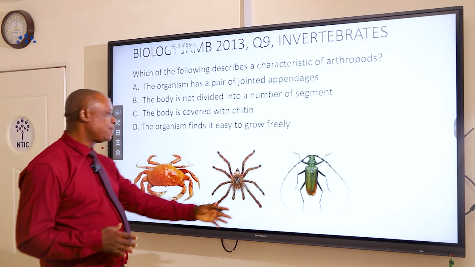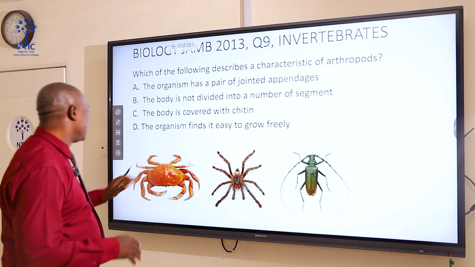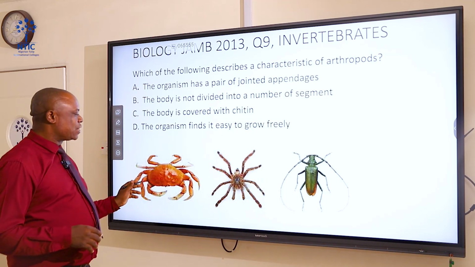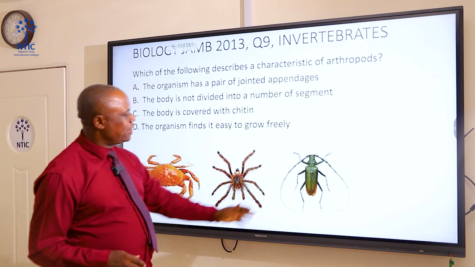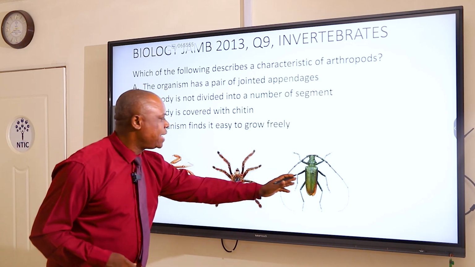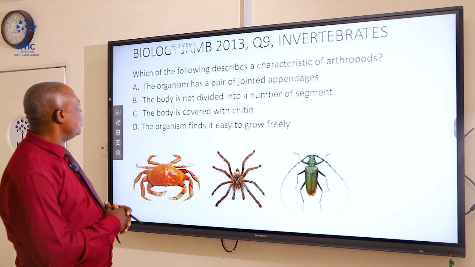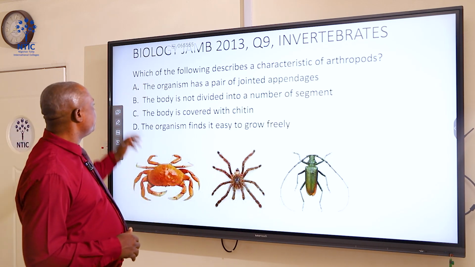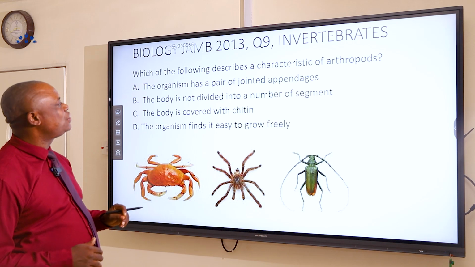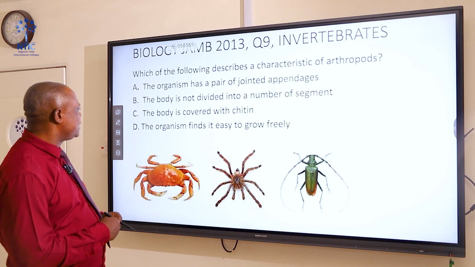From the picture, you can see all these are arthropods. Each of them has more than a pair of appendages. Then, the body is not divided into a number of segments.